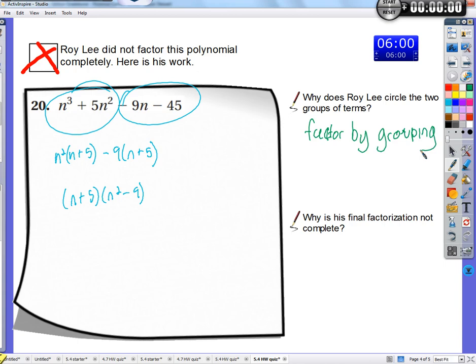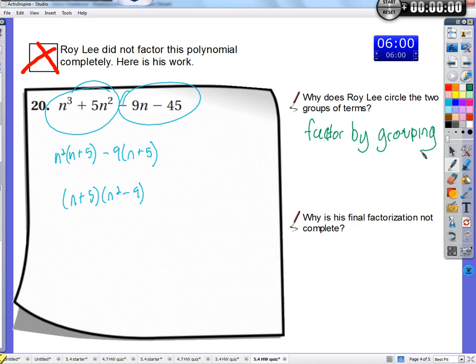When you look at number 20 and it looks the way it does, what tells you you're probably going to use factor by grouping? There are 4 terms. You're going to get 2 groups of 2. So there needs to be 4 terms in order to use factor by grouping.